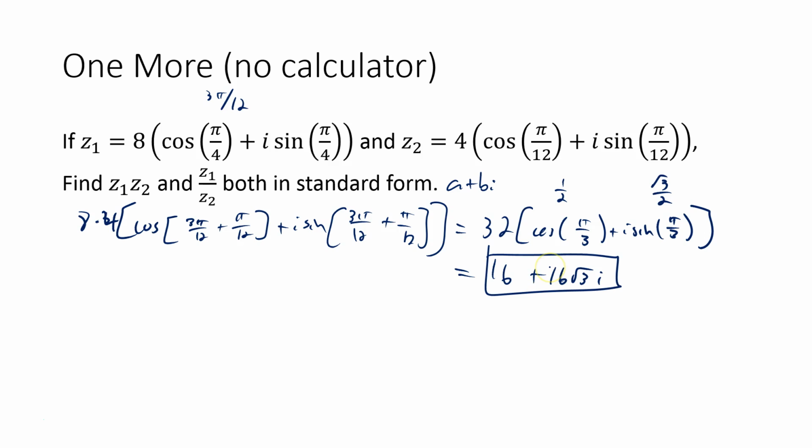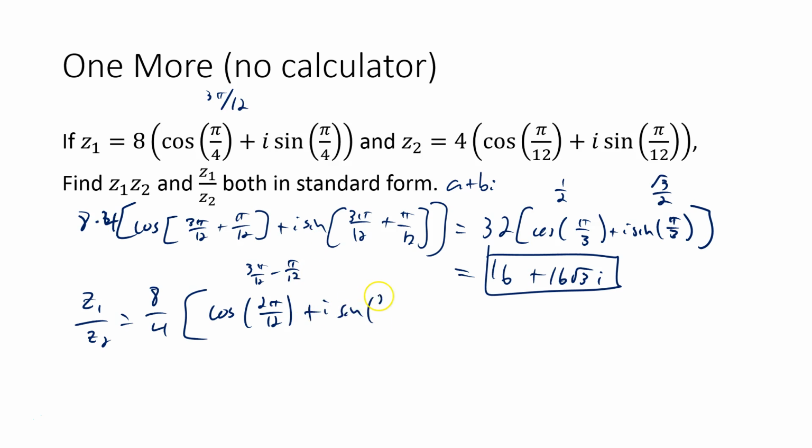There we go. The division, z1 over z2, it's going to be 8 over 4. That's a nice number. Times, this time we subtract. So 3 pi over 12 minus pi over 12, that's 2 pi over 12. Just write it out that way. So I got that by doing 3 pi over 12 minus pi over 12. And then plus I sine of 2 pi over 12.